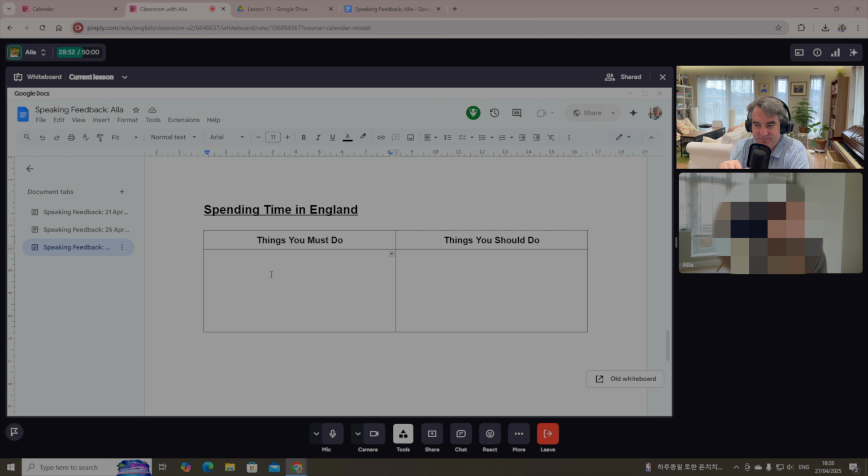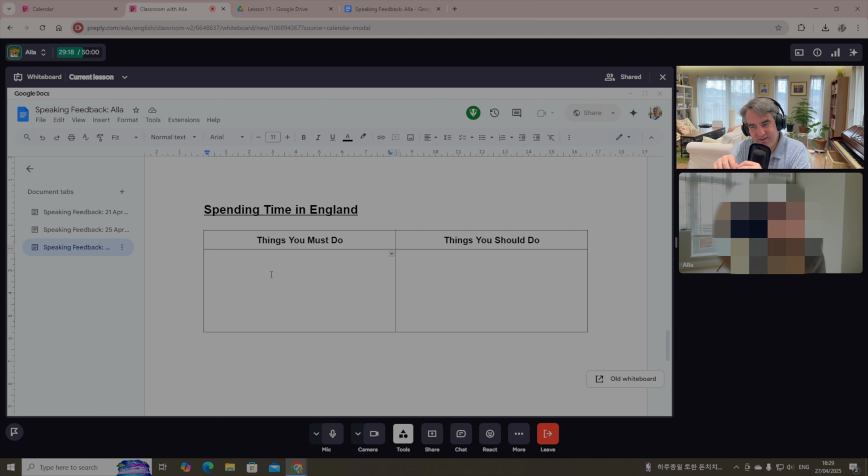You must watch Big Ben, for example. Do you mean like you go and you see and you watch it? Like you visit? Yeah, visit.